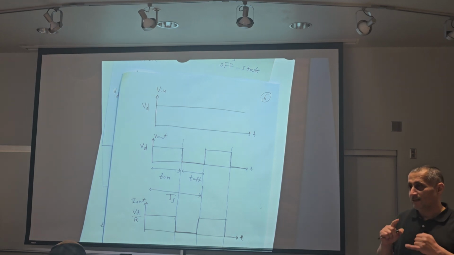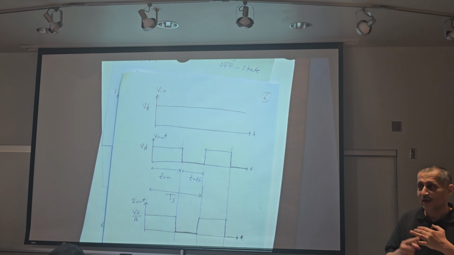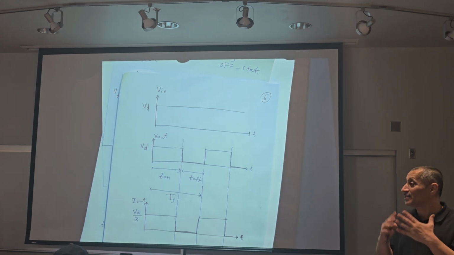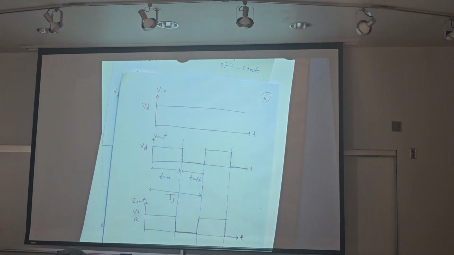We need just V out average and I out average, or DC. But sometimes we need RMS also, to measure the efficiency.